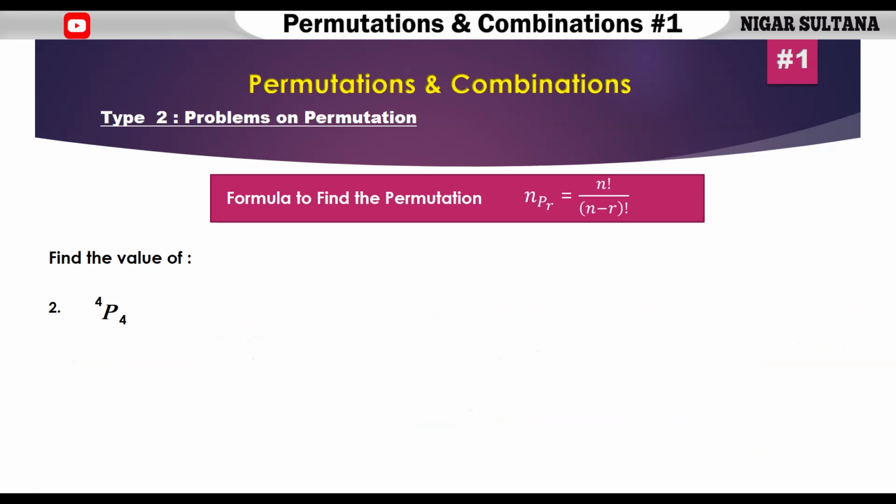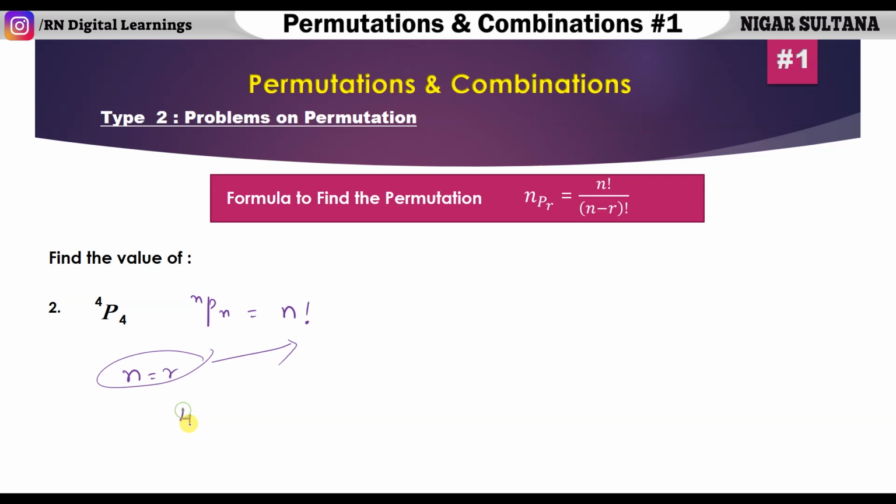Now let's move to the next problem. 4P4. This is in the form of nPn. We have seen in our note what the nPn value is. nPn value is n factorial. So what is the value of n here? Because n value is equal to r value, we must find the n factorial.